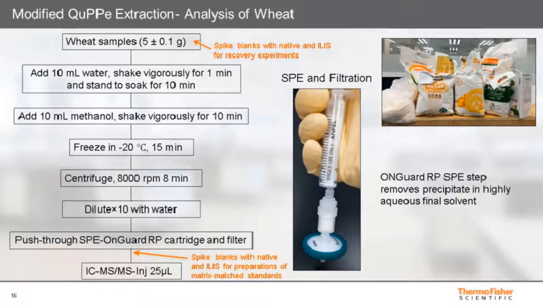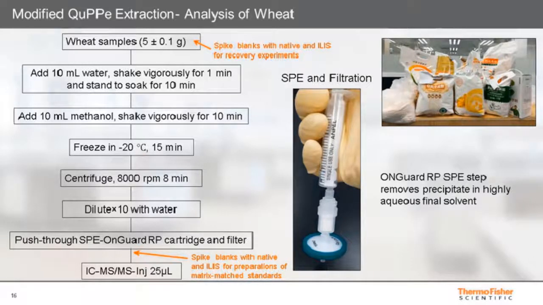The OnGuard SPE removes the fine precipitate that is formed in highly aqueous extracts of wheat and also makes it easier to filter the extract. The filtrate is collected in polypropylene vials ready for injection, which is in this case 25 microliters.